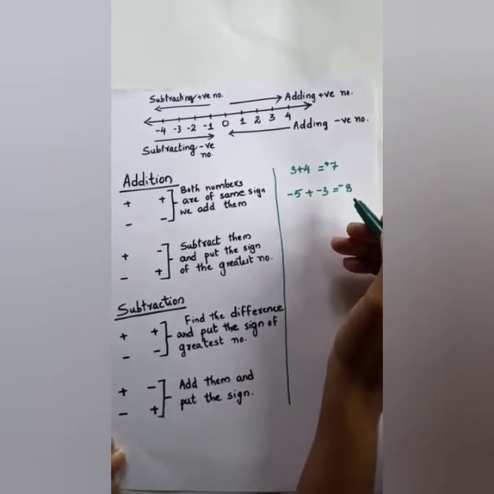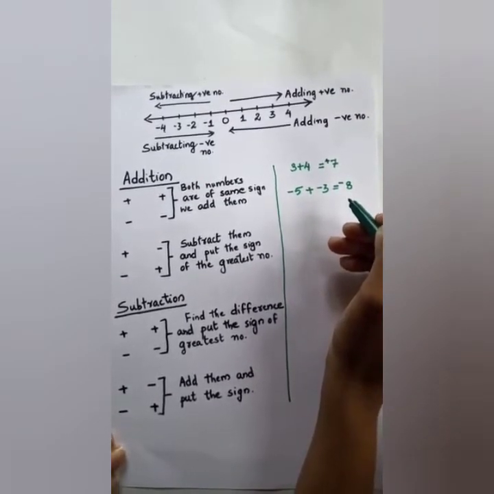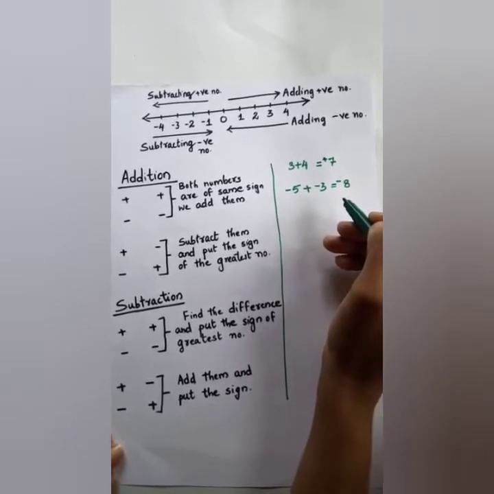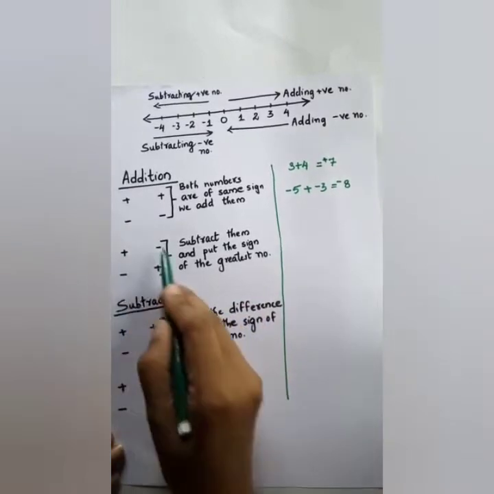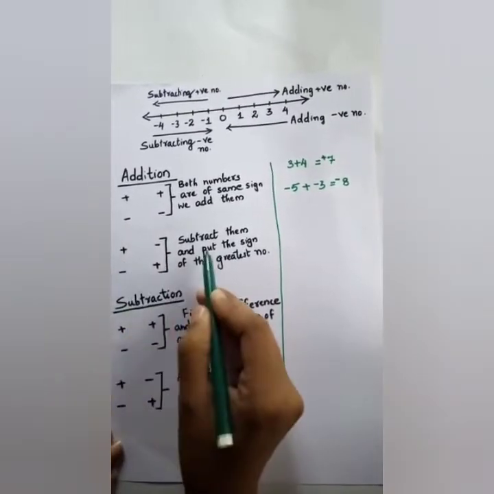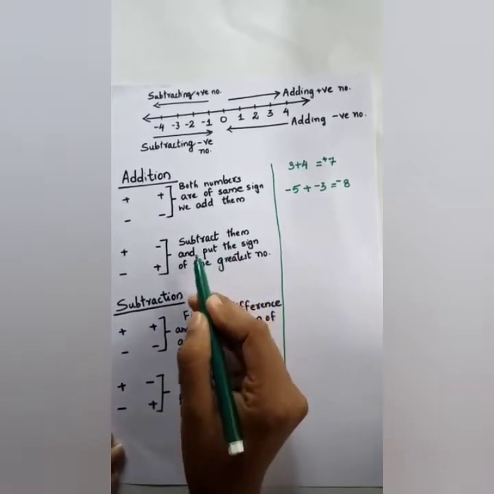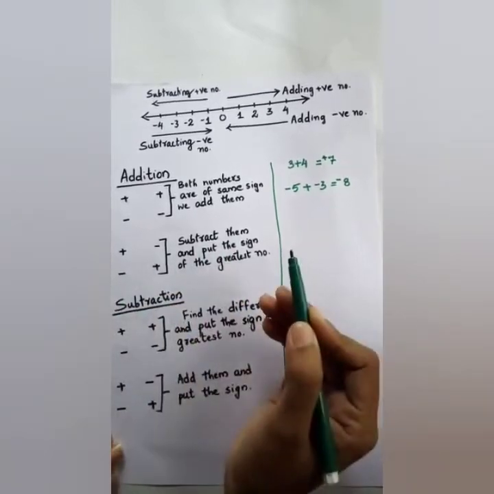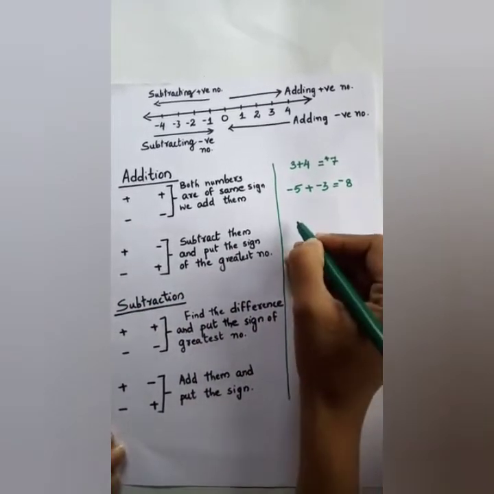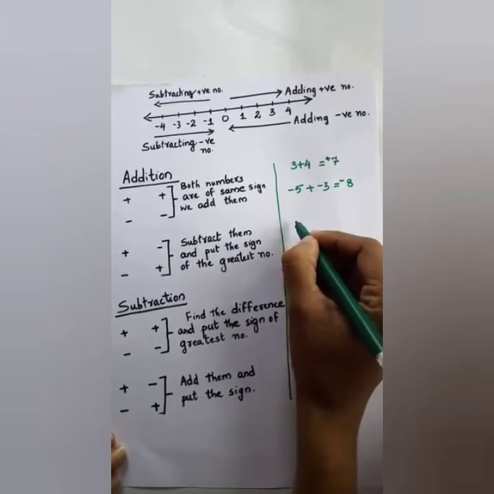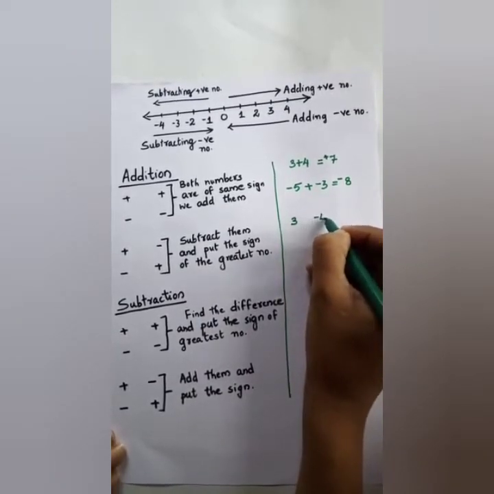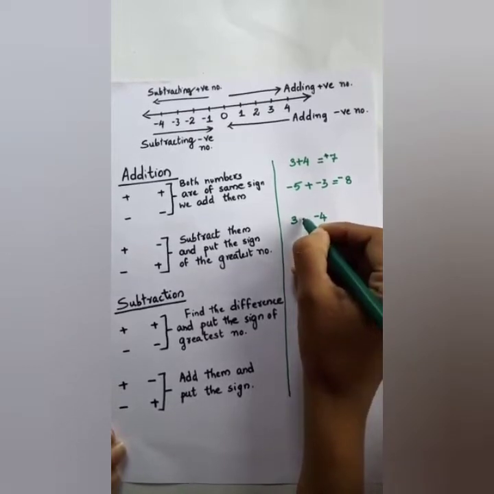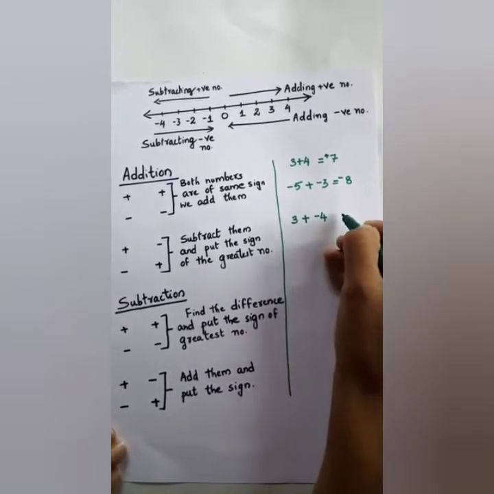Now let's check the addition of two numbers which are of opposite signs. When we are adding numbers of different signs, we have to subtract them and put the sign of the greatest number. So let us study this with an example. Consider the numbers 3 and minus 4. If we are adding 3 and minus 4, what do we have to do?